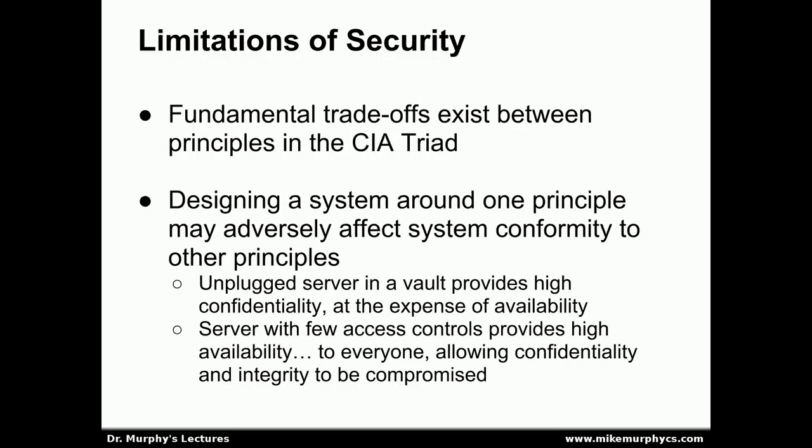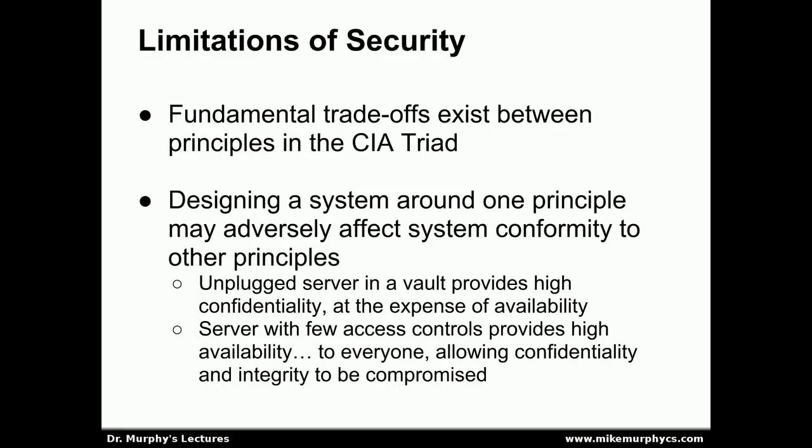Similarly, there are trade-offs between the principles in the CIA triad. If one designs a system and focuses on only one of the principles in the CIA triad, that system may not conform very well to the other principles in the CIA triad. For example, a great way to secure a database system in terms of confidentiality is to unplug that system and store it in a vault somewhere in a bank where it can be physically secured.